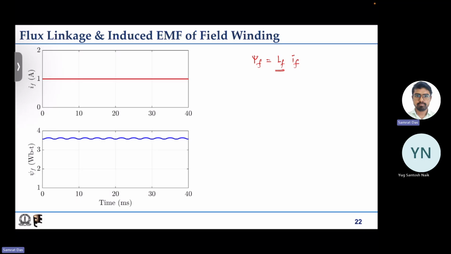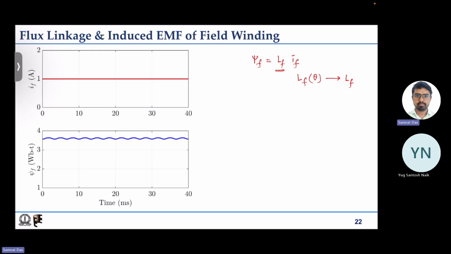For our modeling purposes, I told sometime before that if you have any physical system, and if you want to have a mathematical model of that, then you need to make certain reasonable approximations and reasonable assumptions. So here our assumption is that although this field winding inductance changes with rotor position slightly, it is quite small, so we can assume safely that this LF is a weak function, so this is a constant value of LF.